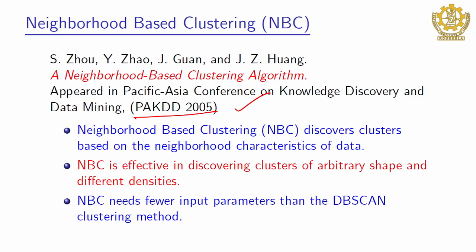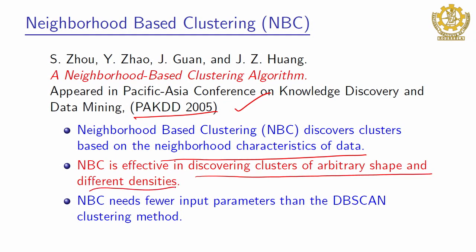Neighborhood-based clustering discovers clusters based on the neighborhood characteristics of the data. NBC is effective in discovering clusters of arbitrary shape and different densities. NBC needs fewer input parameters than DBSCAN. DBSCAN needs 2 parameters, epsilon and minimum points, while NBC needs only 1 parameter instead of 2.